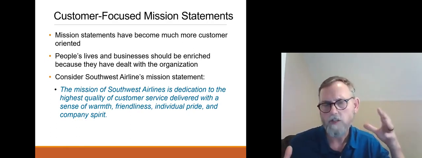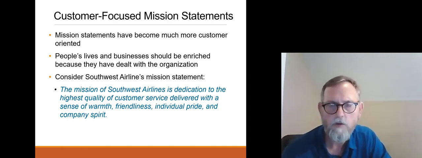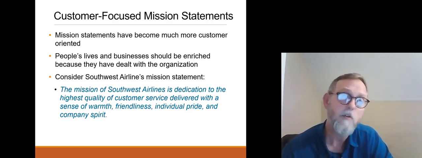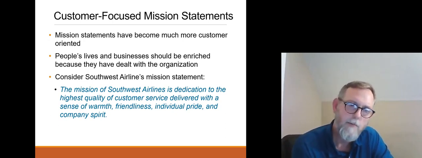Managers will often view decision making through a specific lens. So we're going to talk about customer orientation and the idea of market orientation in general and what that means from a decision making standpoint.